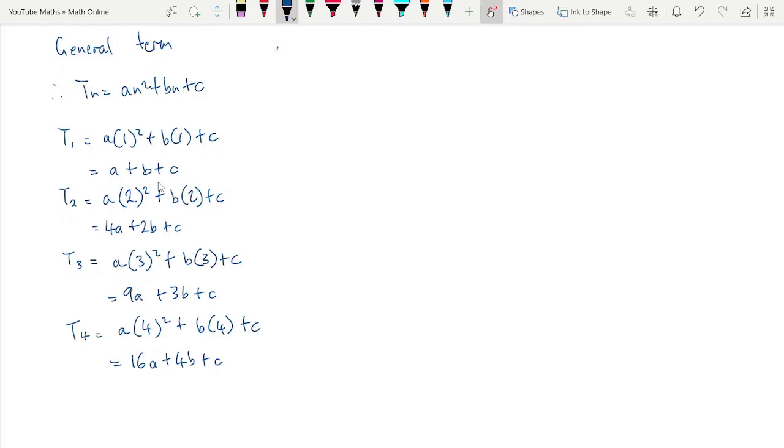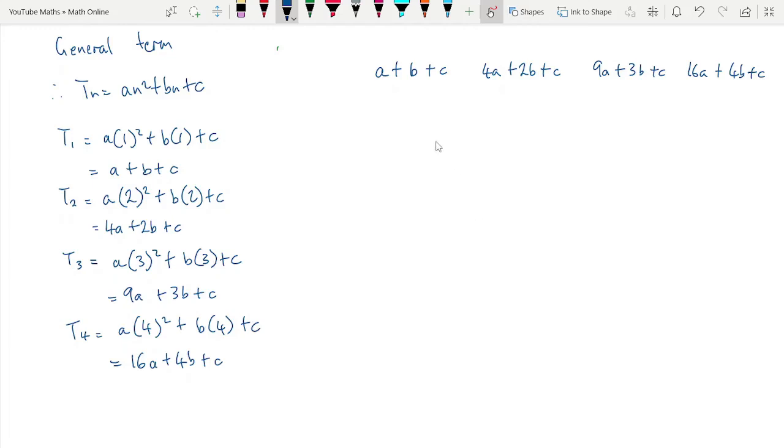So the first term t1 is a plus b plus c. The second term is 4a plus 2b plus c. The third term is 9a plus 3b plus c. And the fourth term is 16a plus 4b plus c.